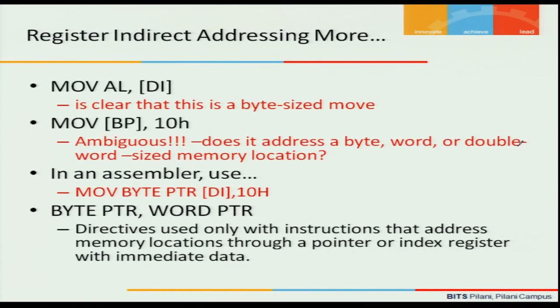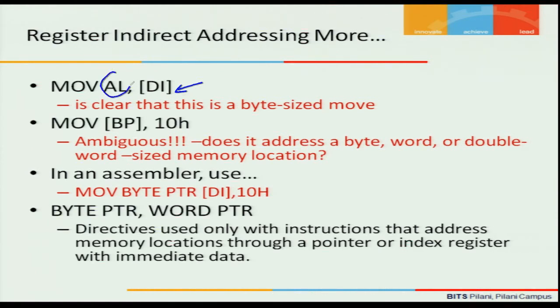There are certain small important points which should be kept in mind while you are using register indirect addressing. For example, if you take the first instruction shown here, which is move al comma di, I know that this instruction means that from a memory location in the data segment at an offset pointed to by di, read a byte and move it to al.